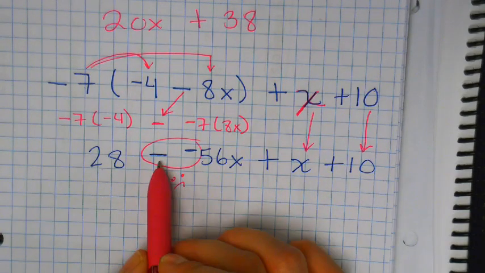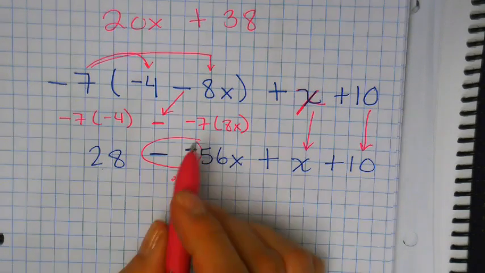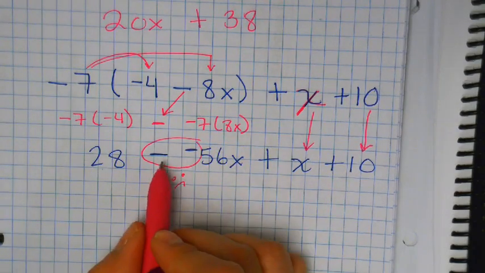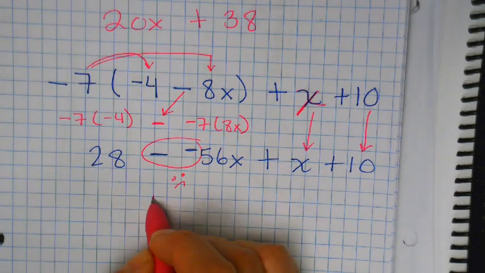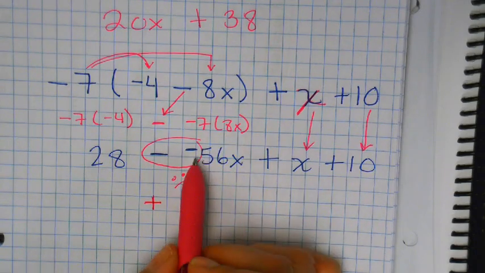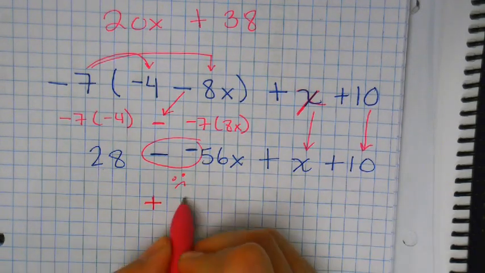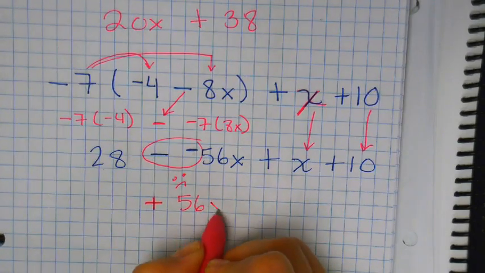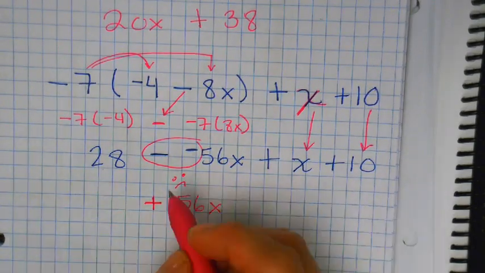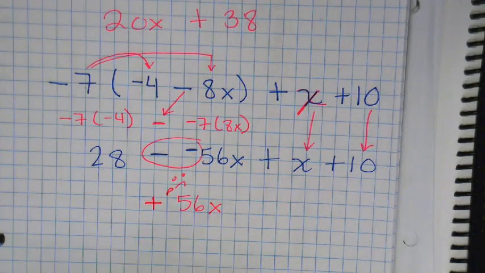So when you see a minus and a negative, you rewrite it as add the opposite. The subtraction turns into addition. What's the opposite of negative 56? Positive 56x. Maybe a little p for positive.